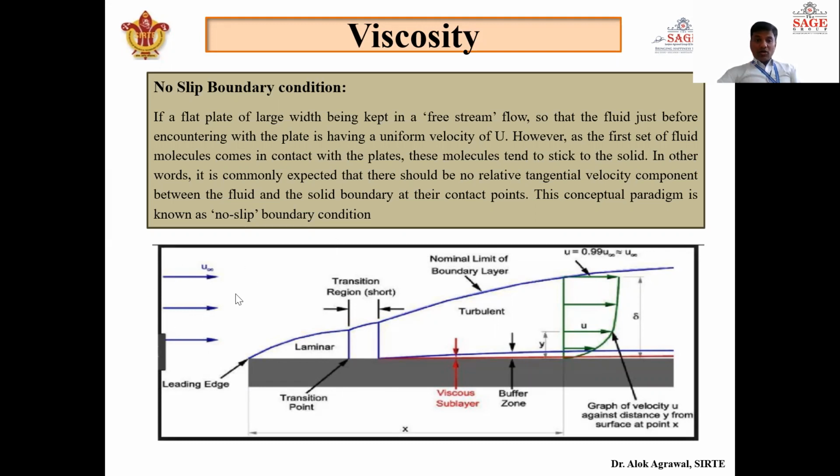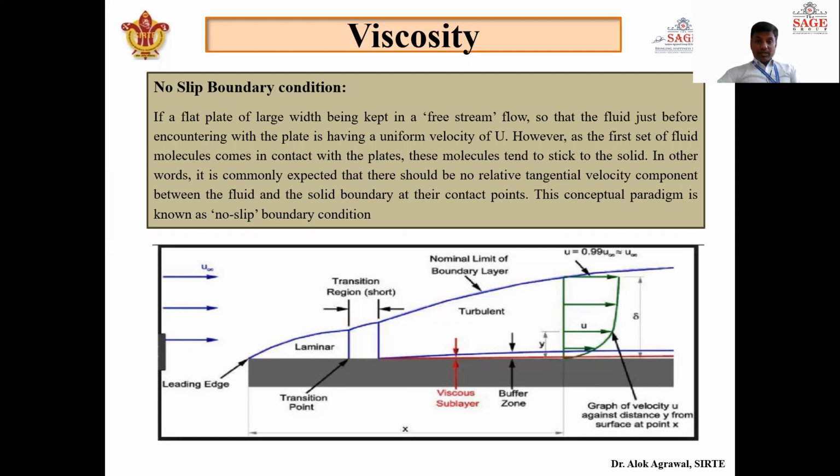The layer of fluid which directly comes in contact with this negligible thickness plate will gain a velocity similar to the velocity of the plate. In this case, the velocity of the plate is zero. So the molecules that come in contact with this plate will try to stick to the plate and gain a velocity equal to that of the plate, that is zero.